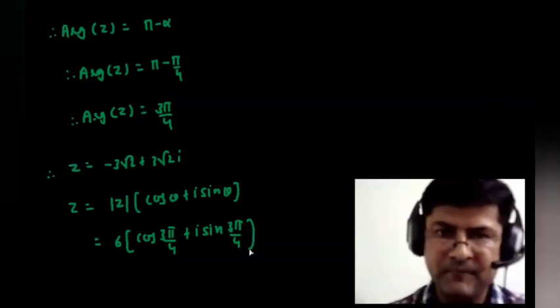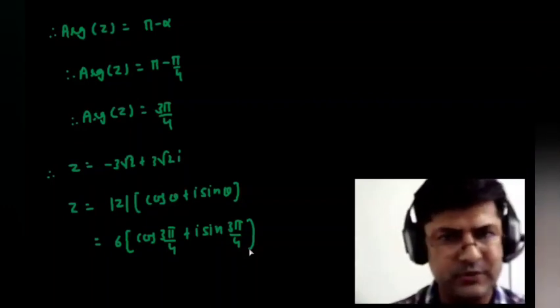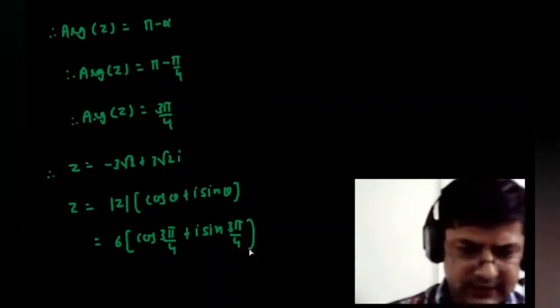Here we will substitute the value of modulus of z, which is 6, and the argument is 3 pi by 4, so cos 3 pi by 4 plus i sin 3 pi by 4. So this is the polar form of the given complex number z equal to minus 3 root 2 plus 3 root 2 i. I hope you have understood very well. Let us consider one more example and try to convert it into the polar form.